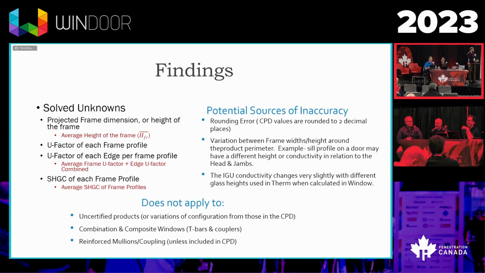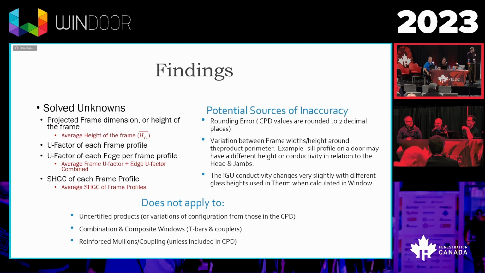So overall, there are some potential sources of inaccuracy. One is rounding errors, like the CPD only goes to 2 decimal places. So there are potential when you're rounding up, very small. The engineering side of me is like, everyone needs to know, but it's not going to be affected to any extent.